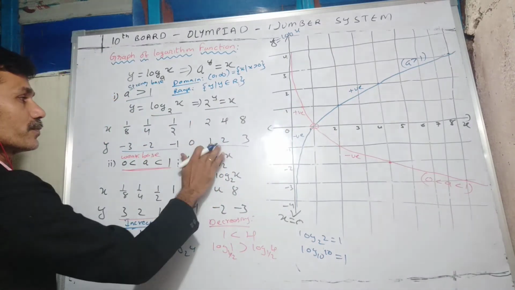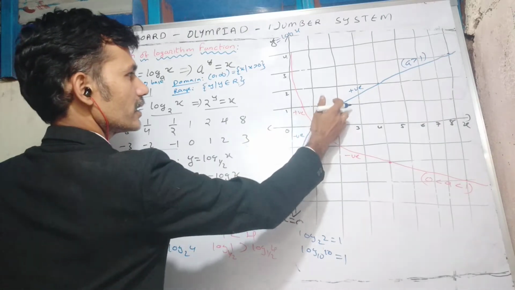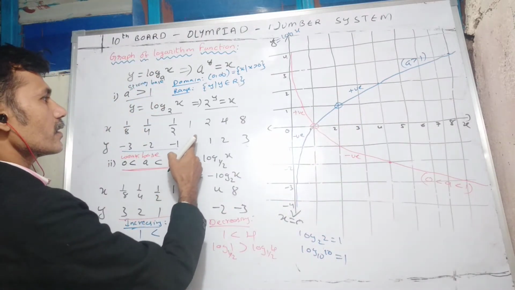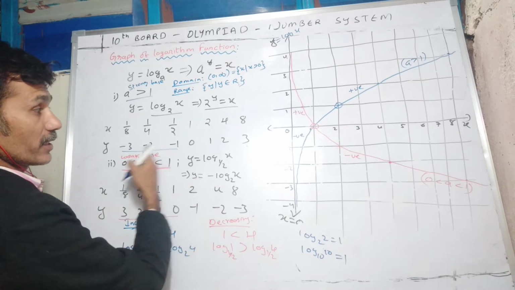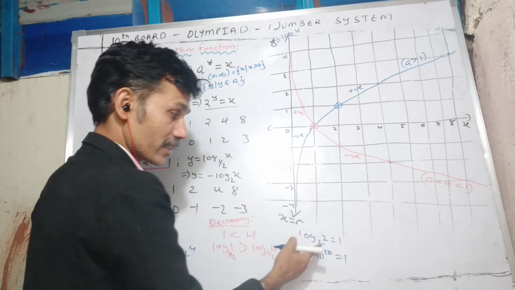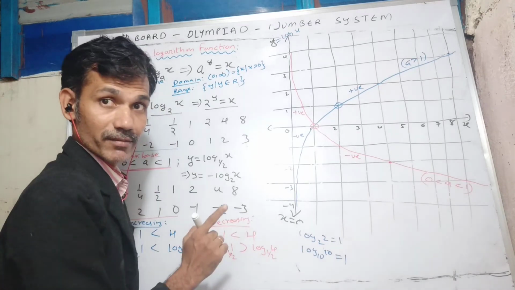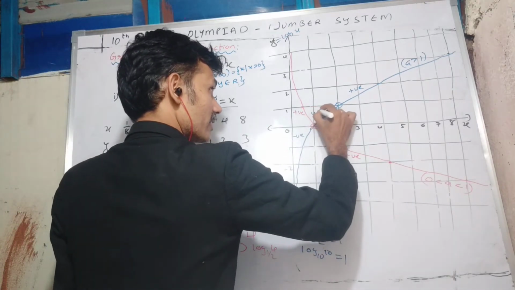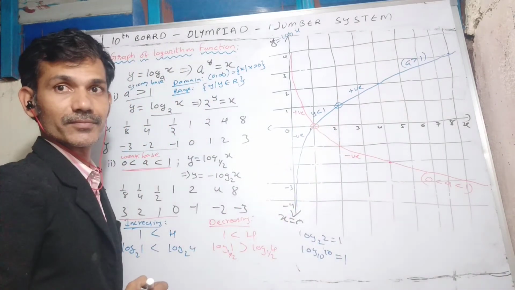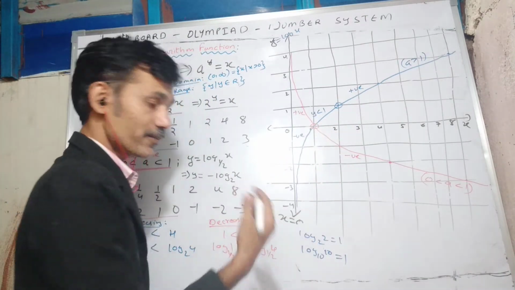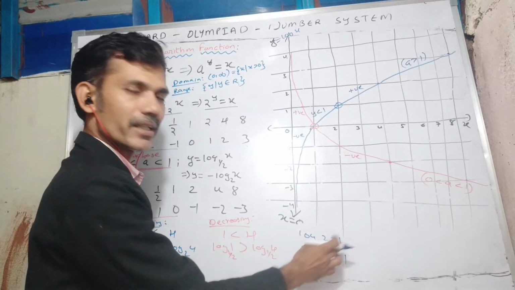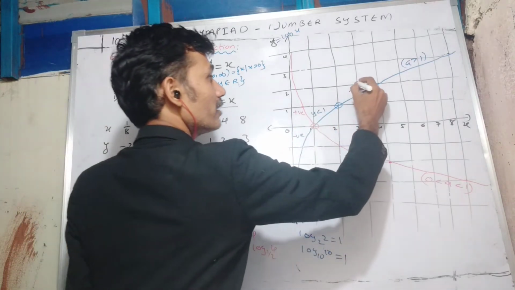Up to 2, what happens? Up to 2 the values are less than 1, because log a base a is 1. After the base values, like 3, 4, 11, 12 and so on, y will be greater than 1.